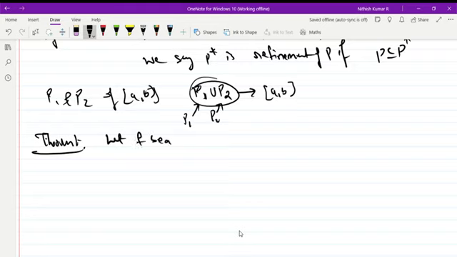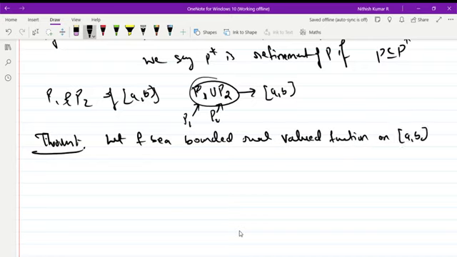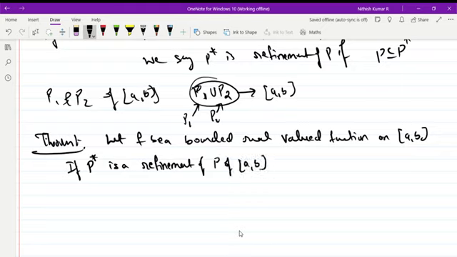If P star is a refinement of P of closed interval a comma b, then the first thing is L P f alpha is less than or equal to L P star f alpha.